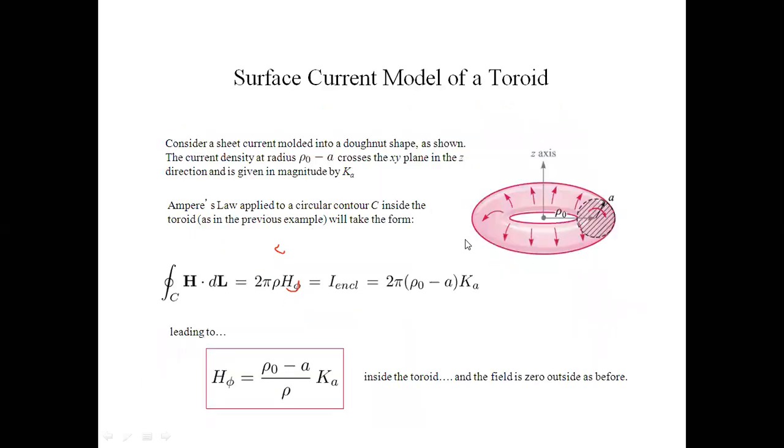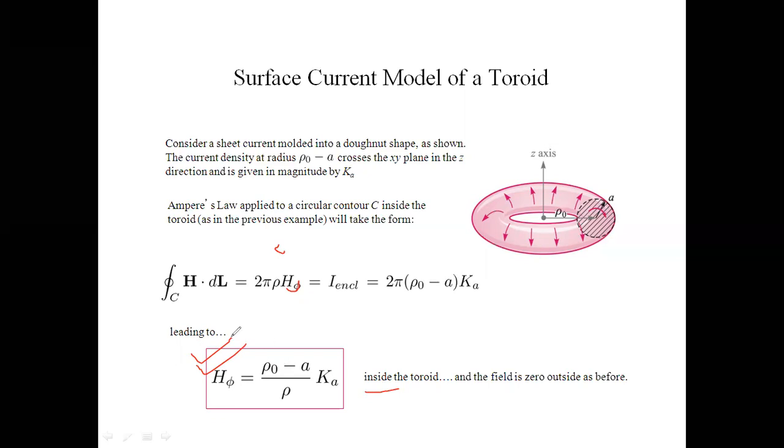H phi is (rho naught minus A) upon rho times Ka, where Ka is the surface current density inside the toroid. This is very important, inside the toroid.